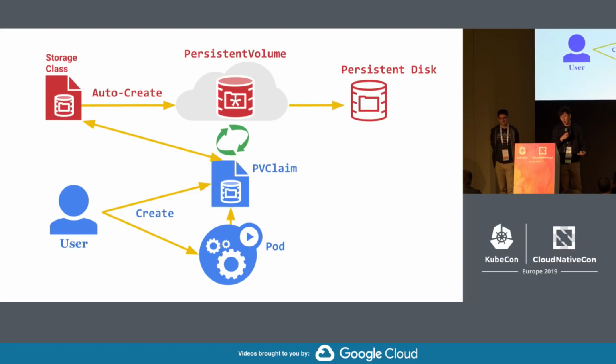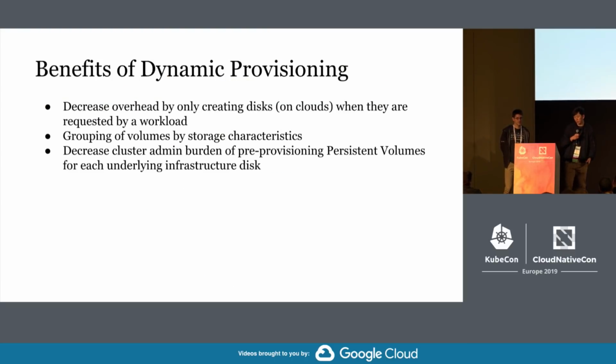So what happens is when you create your workload and your persistent volume claim, it's going to reference the storage class, which then Kubernetes knows how to use the storage class and its parameters to actually provision the underlying disk, if you're on a cloud, and generate that persistent volume object that references that disk that we can then bind with.